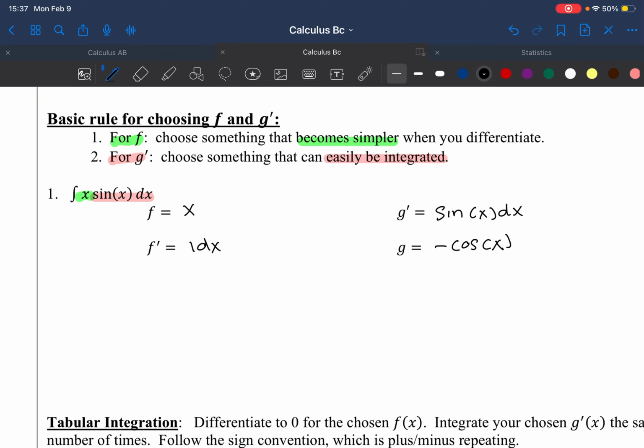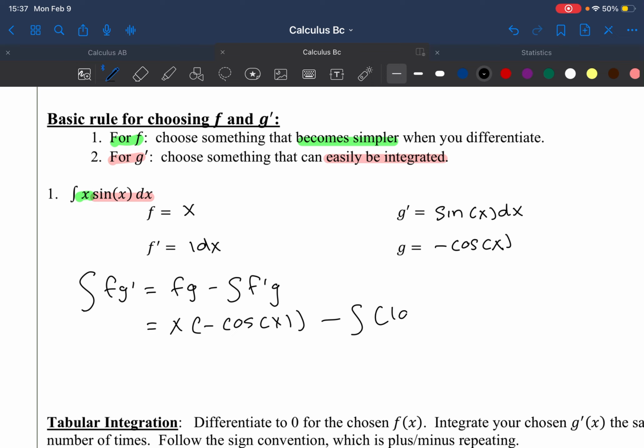So if I use my formula, the integral of f g prime is equal to f times g minus the integral of f prime g. I get that f is x and g is negative cosine of x, minus the integral of f prime, so that's 1 dx, times g, which is negative cosine of x.